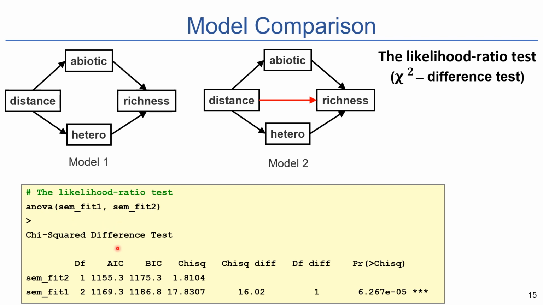The output table gives us the information for our two models: their degrees of freedom, the Akaike and Bayesian information criteria, and chi-squares. And most importantly, it calculates the chi-square difference between these two models, the degrees of freedom difference, and the p-value. And the p-value is strongly significant here. It means that the likelihood ratio test also supports model 2.